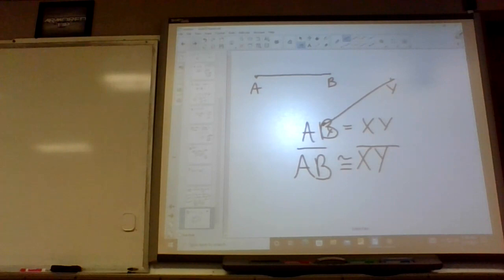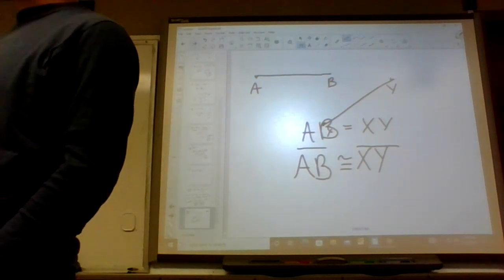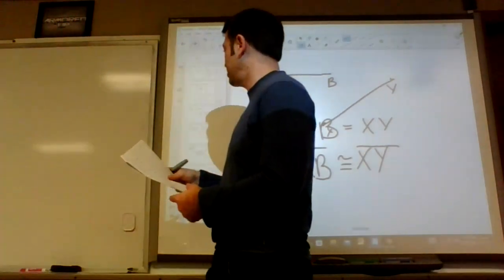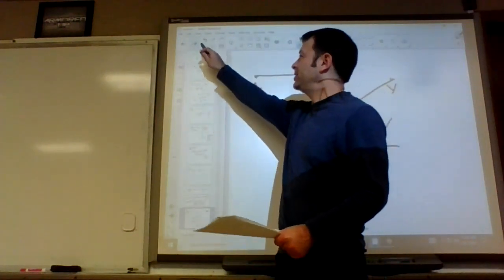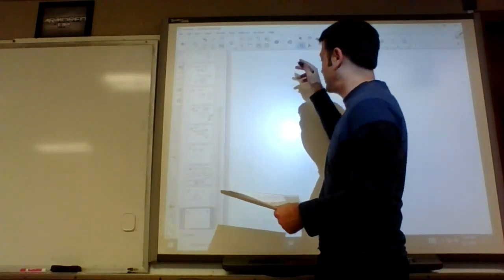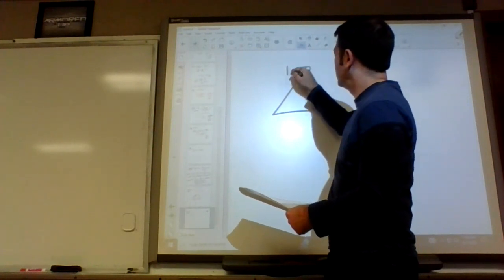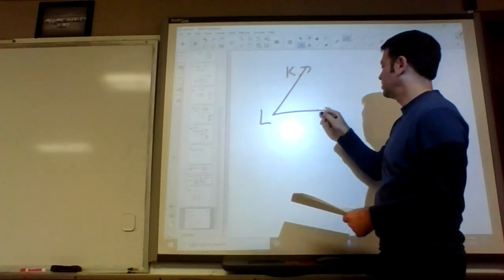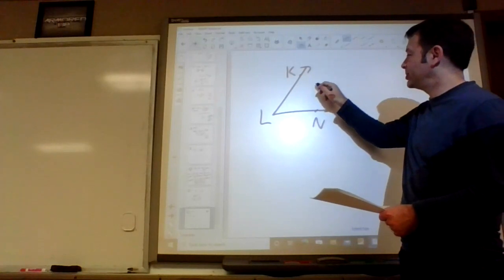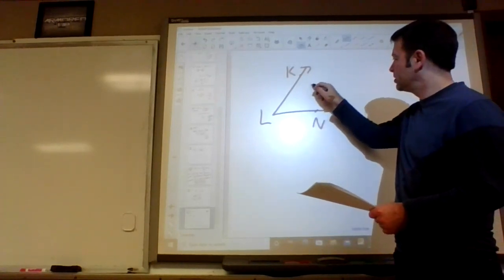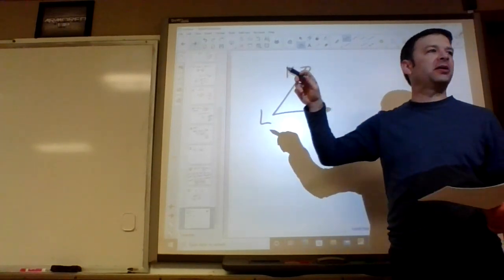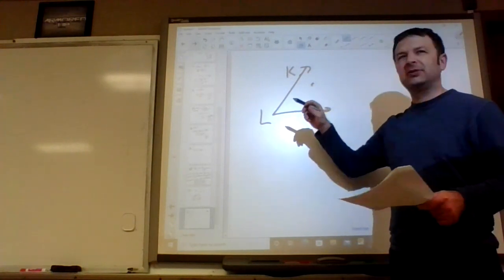And then D, point M is in the interior of angle KLN. What do you think it means that the point is on the interior of the angle? It's in between. Yeah, somewhere in the middle here. I think I heard somebody say the answer. Aiden, was that you?